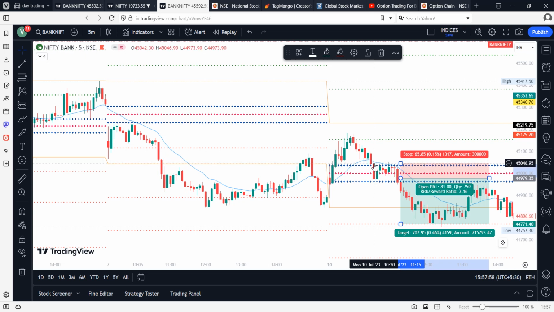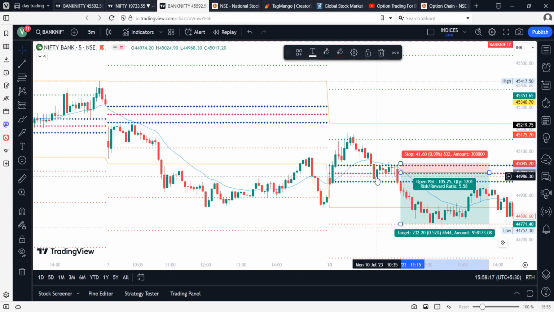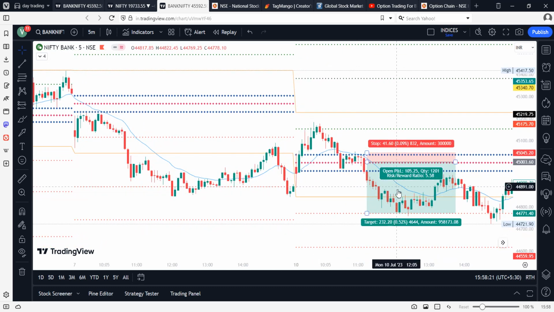This is an indication that the price is going to move downward in the downtrend. So where do we have to enter? We have to enter at around here. And this candle shows the bearishness. Okay, you can enter here. And what is your target? Your target is around 1 is to 5, 5.5 risk reward.